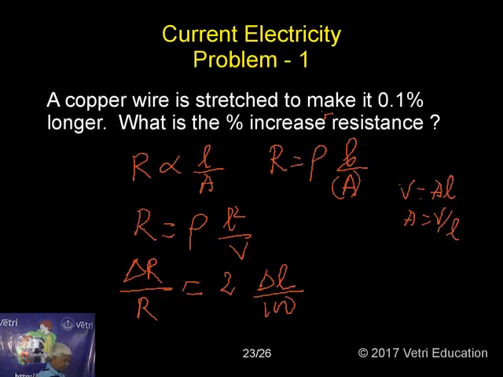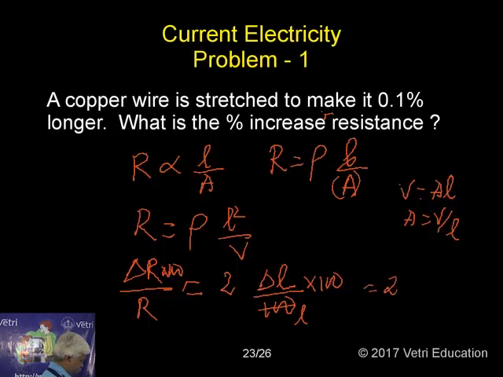So delta R by R into 100, the percentage change in resistance, is 2 times delta L by L into 100, 2 times because of L squared.